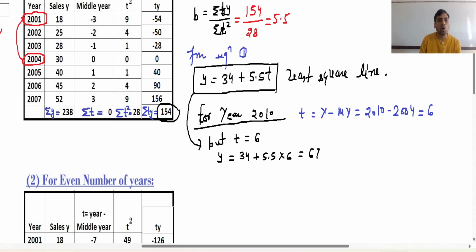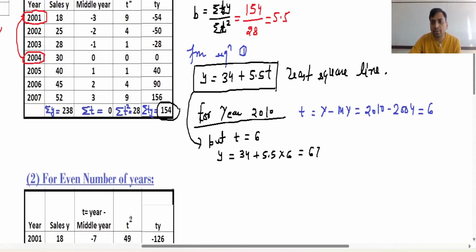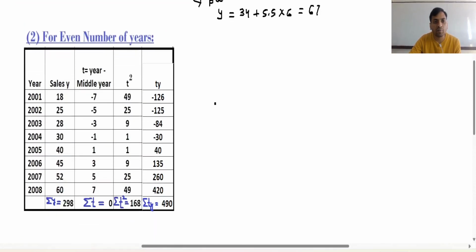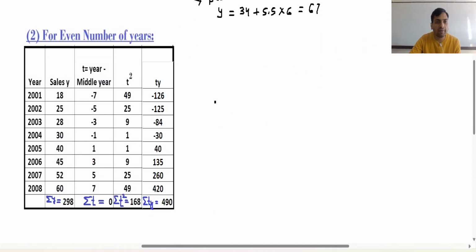So this is for an odd number of years. Now we will see the same concept for an even number of years. Now we have 8 years, this is even data, and you need to find t. So the formula for t is year minus middle year, multiplied by 2.